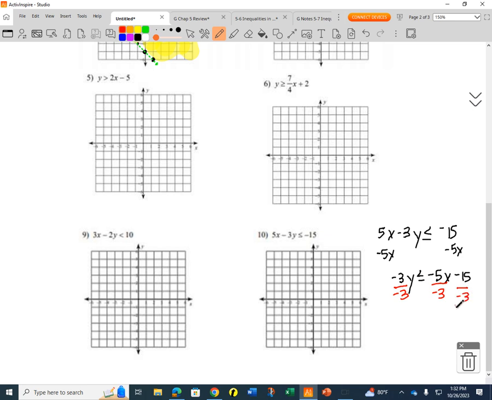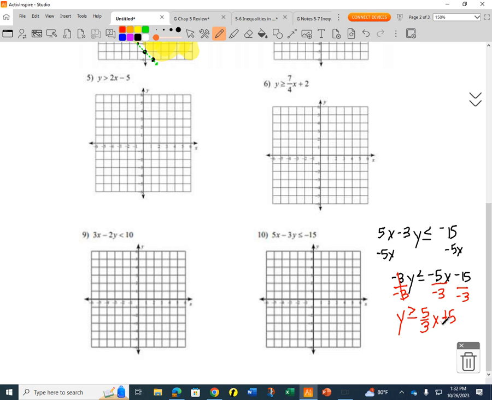Switch what? The inequality. Let's use the right words, but yes, flip the inequality. So now instead of less than or equal to, I do know what you mean, so I'm proud of that, but I need you to practice using the right terminology. Plus 5.